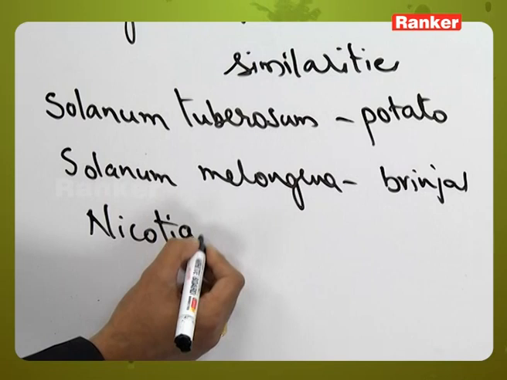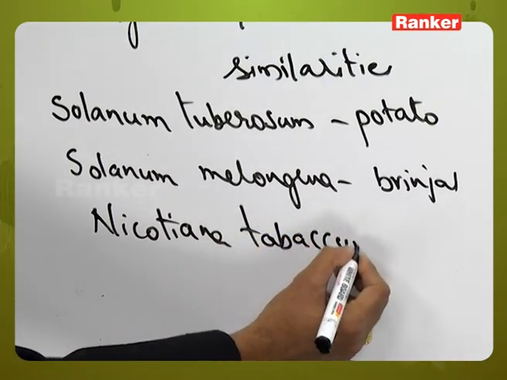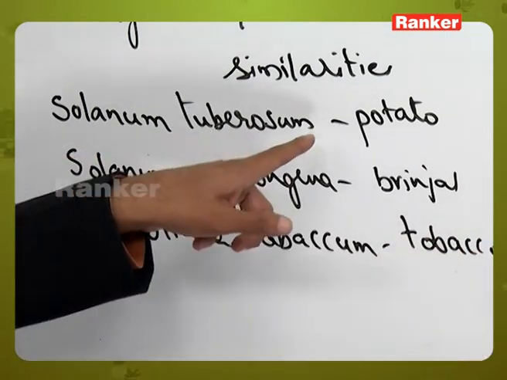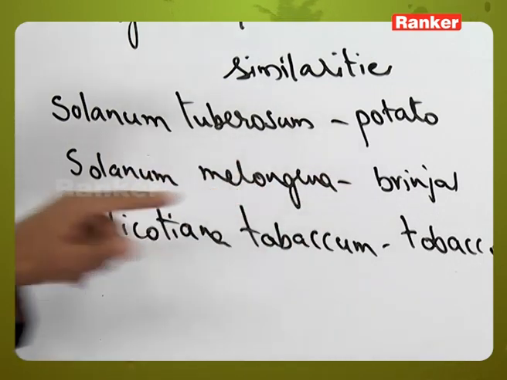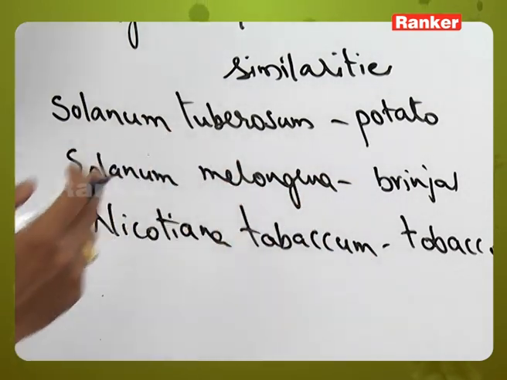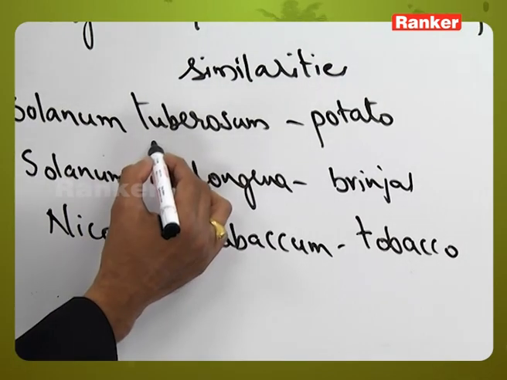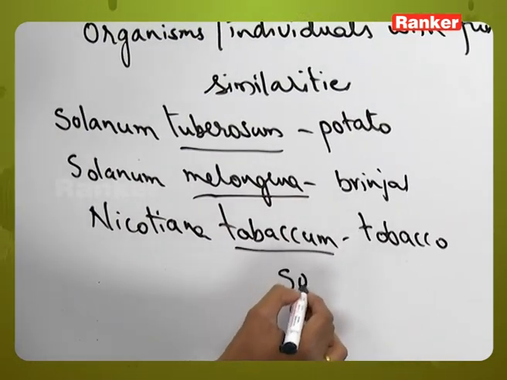Nicotiana tabacum, that is tobacco. All potato plants belong to Solanum tuberosum, all brinjal plants belong to Solanum melongena, and all tobacco plants belong to Nicotiana tabacum. Here tuberosum, melongena and tabacum are the species.